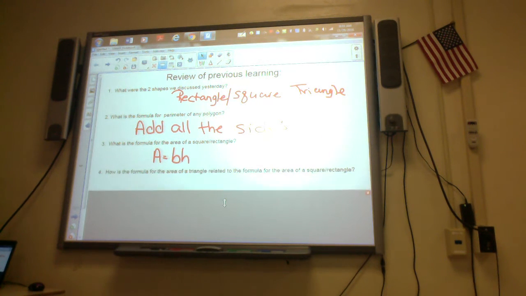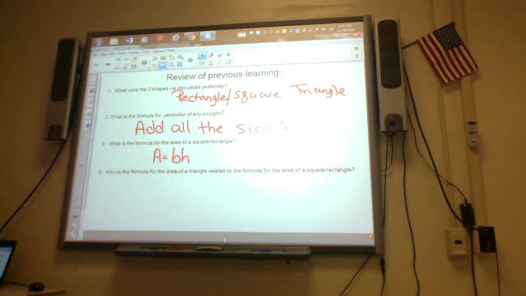All right, this one's one I want you to think about. We talked about this yesterday. How's the formula for area of a triangle related to the formula for the area of a square or rectangle? All right, thinking.